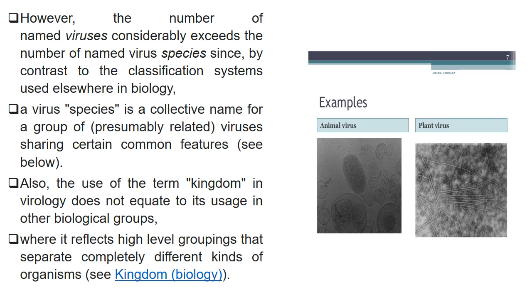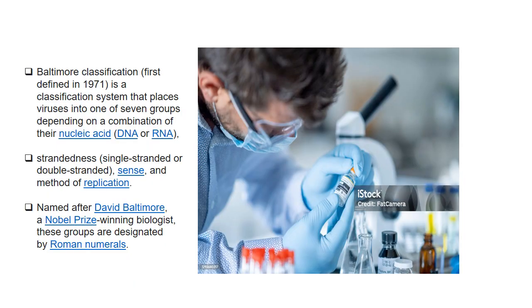Also, the use of the term kingdom in biology does not equate to its usage in other biological groups, where it reflects high-level groupings that separate completely different kinds of organisms.